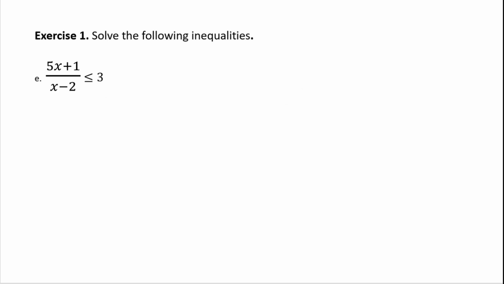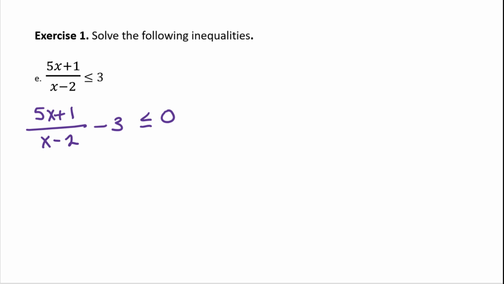Solve the inequality 5x plus 1 quantity divided by x minus 2 quantity is equal to or less than 3. To begin this problem, we'll take the 5x plus 1 over x minus 2 and subtract 3. So that expression will be equal to or less than 0. In order to add or subtract fractions, we need a common denominator.